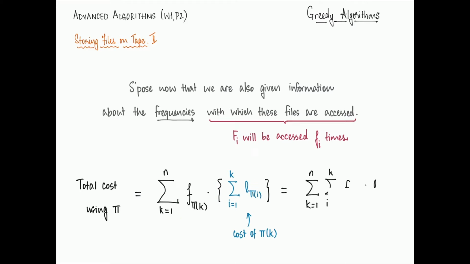We can pull out the summations and we are staring now at this double sum, which captures the total cost of access. Feel free to take a moment here, pause the video and make sure that this cost expression makes sense, because this is what we will be trying to optimize.